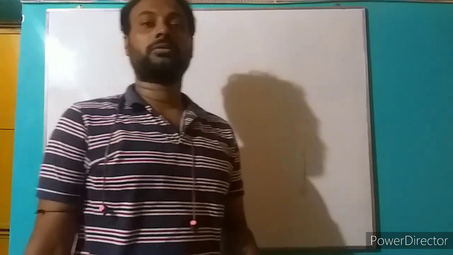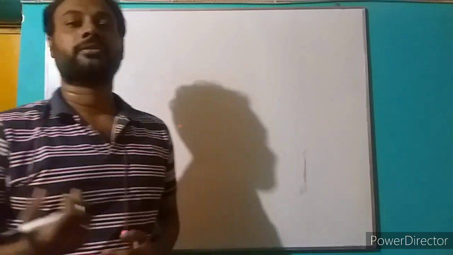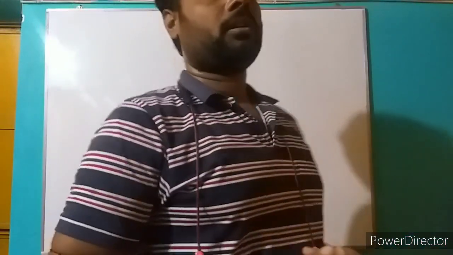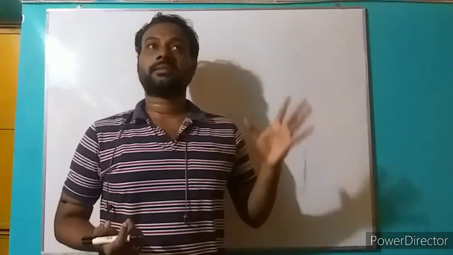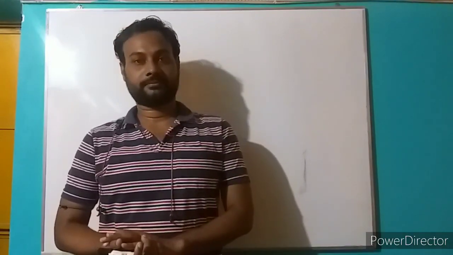Now I am going to discuss drift velocity. Before I start, you should know about an isolated conductor. What do I mean by an isolated conductor? You know the characteristics of electric flux.